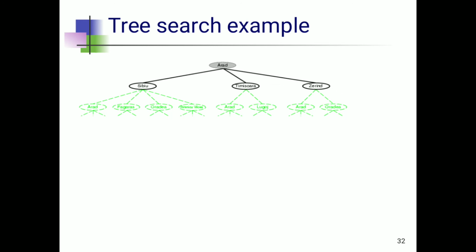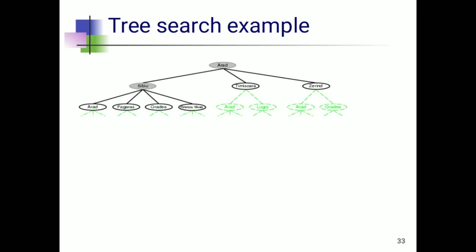From Arad city we can reach Sibiu city, then from Arad city we can reach Oradea city, and from Arad city we can reach Timisoara city. So three possible ways. We have explored Arad's three branches. Then suppose in the next step there are four ways to reach other states from Sibiu. So four branches are shown.